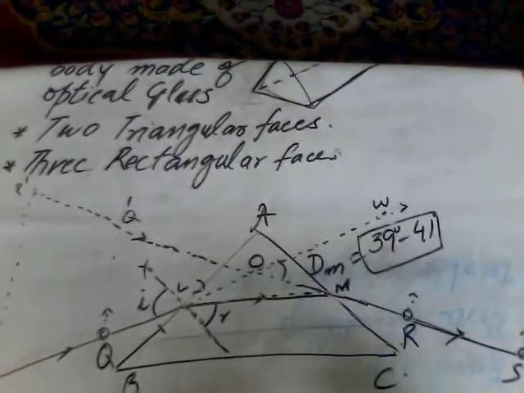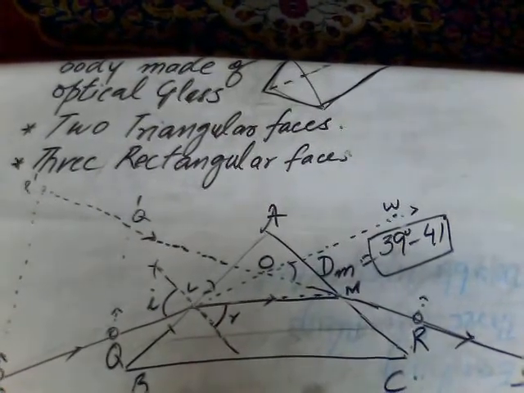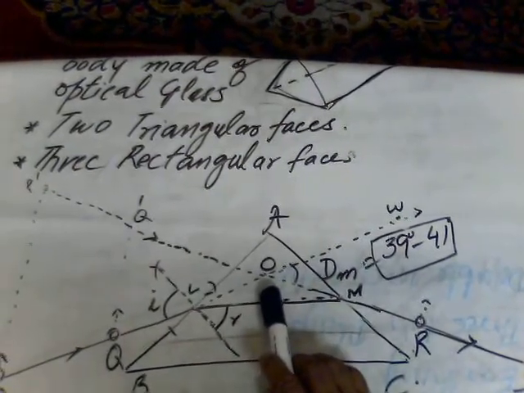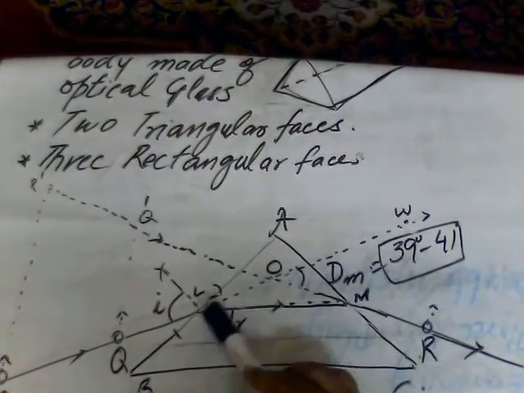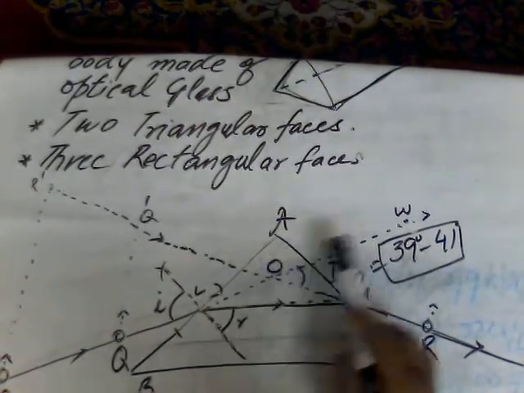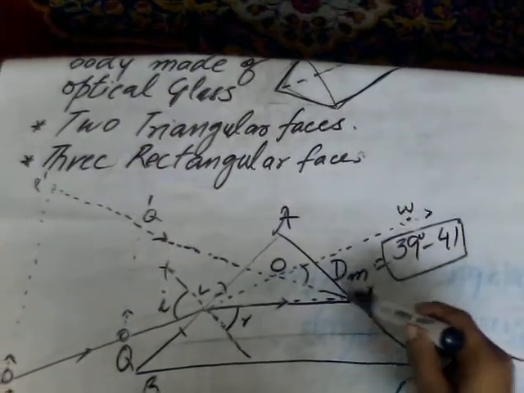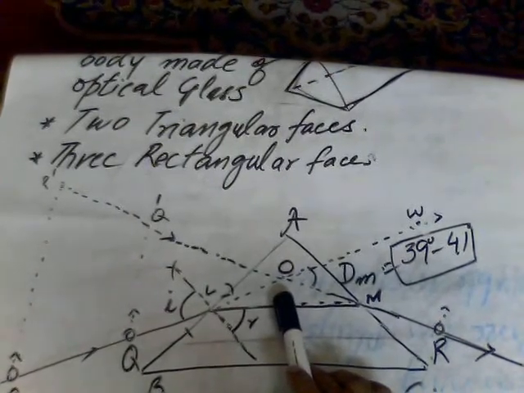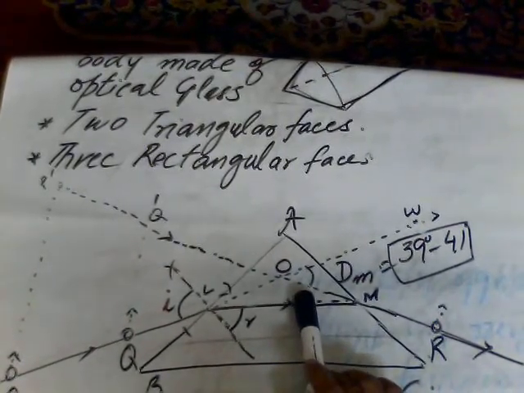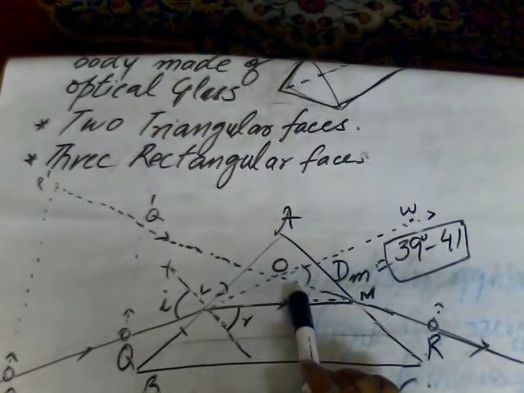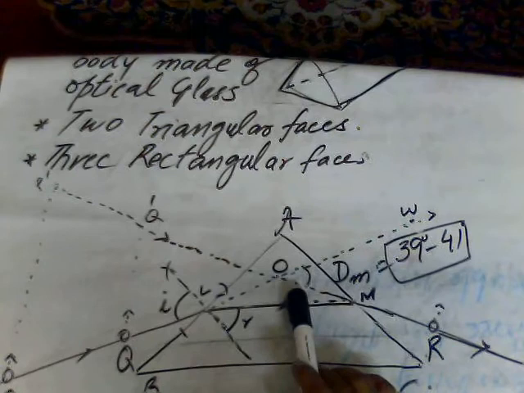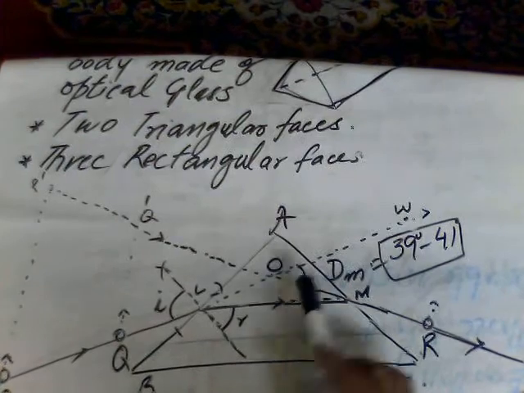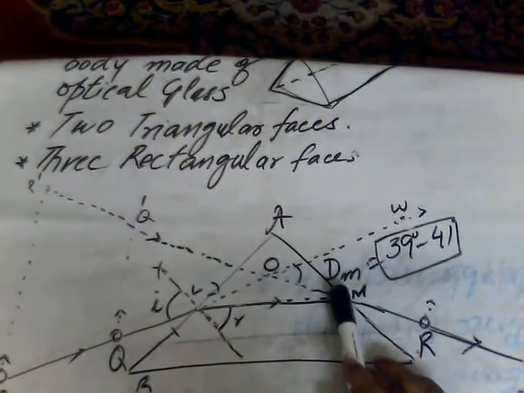These lines represent the light rays. If we observe this point O closely, these two light rays L, O, W and M, O, Q dash meet each other at point O. When we measure this angle with the protractor, it is called the angle of deviation, and we represent it by D_m, the minimum deviation.